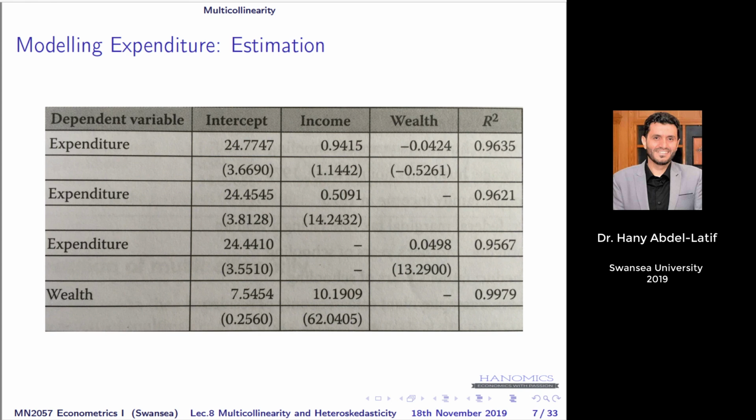Okay, so when I run a regression only including income without wealth, then I find out that income actually is statistically significant. And if you look at the third estimation, using only wealth on the right hand side, then you'll find that wealth also is statistically significant.